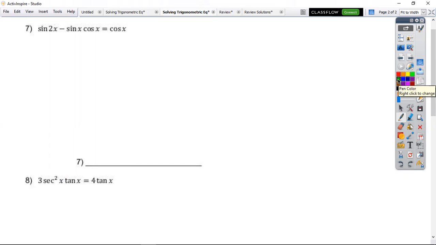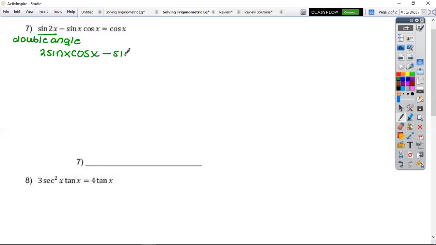So in number 7, I'm wondering if anyone's eye is picking up on this already. I see the sine of 2x. Where is that located? Very good. That's a double angle identity. So that is a formula sheet substitution. You're going to replace that with 2 sine x cos x. There's only one identity for that.